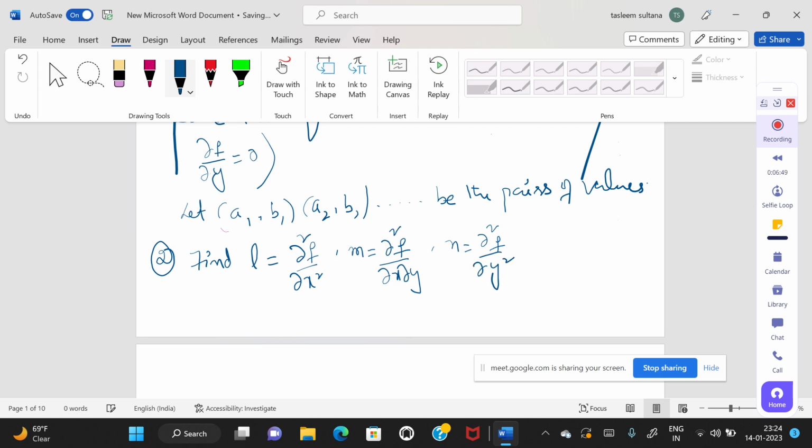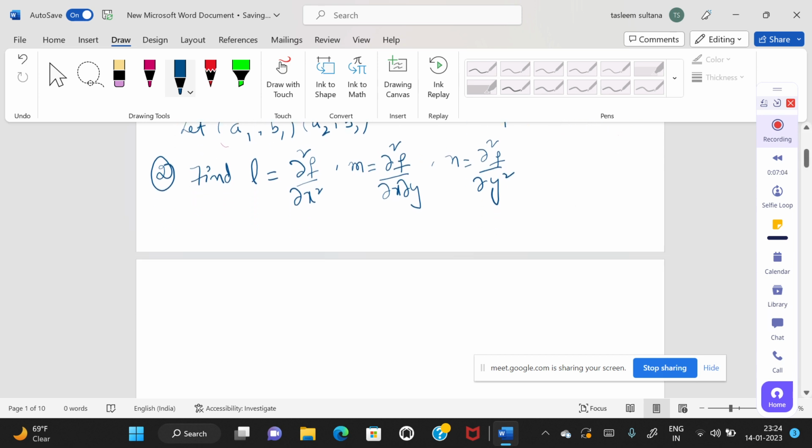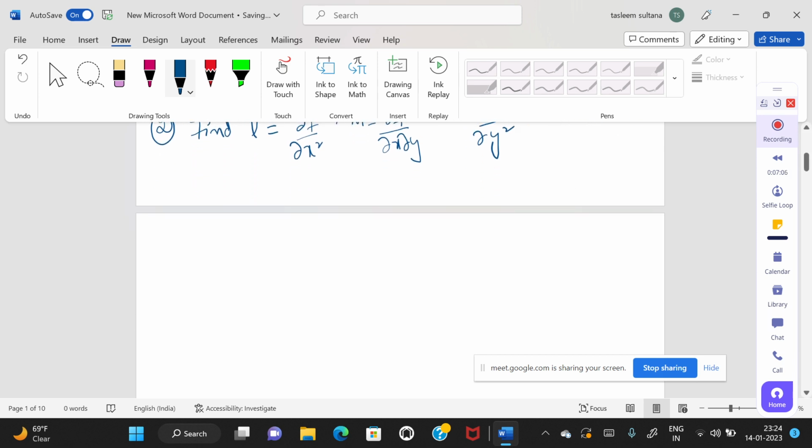You're going to find the values of L, M, N. After that, your third step will be to find LN − M².